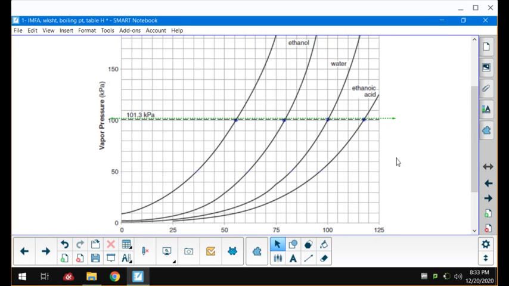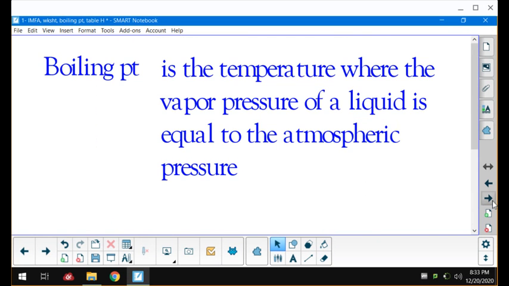And that is the boiling point of water at normal atmospheric pressure. The definition of the boiling point is the temperature of a liquid where the vapor pressure is equal to the atmospheric pressure. If you get those two things the same, the substance will be changing into a vapor as the atmospheric pressure pushes it back into the liquid.